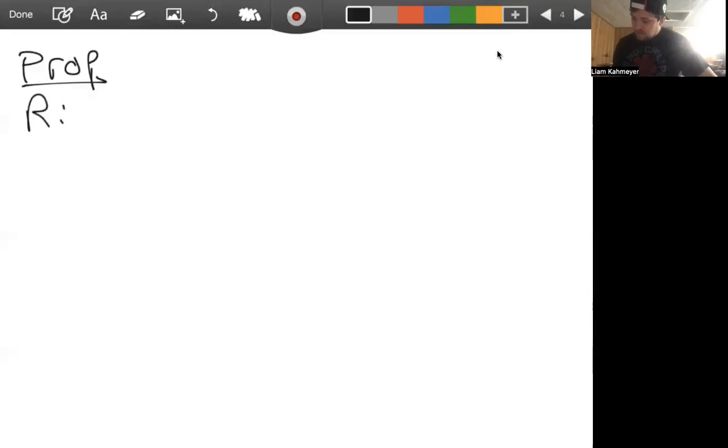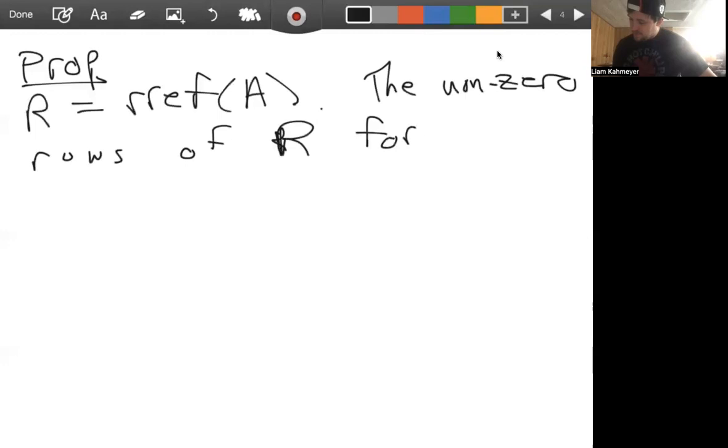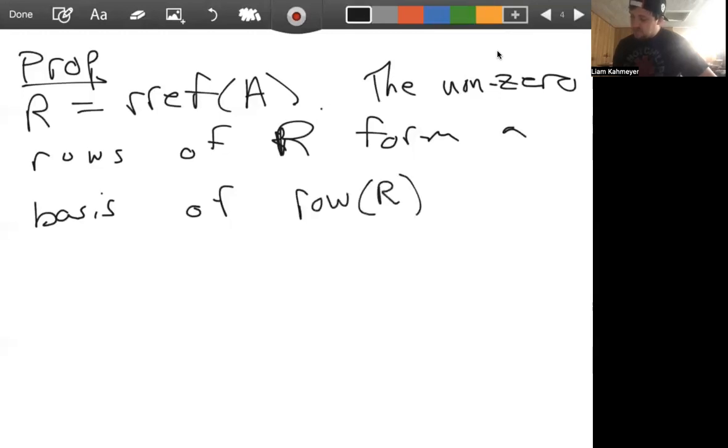So let R be the reduced row echelon form of the matrix A. Then the non-zero rows of R form a basis of, well, they form a basis of the row space of the reduced row echelon form matrix.